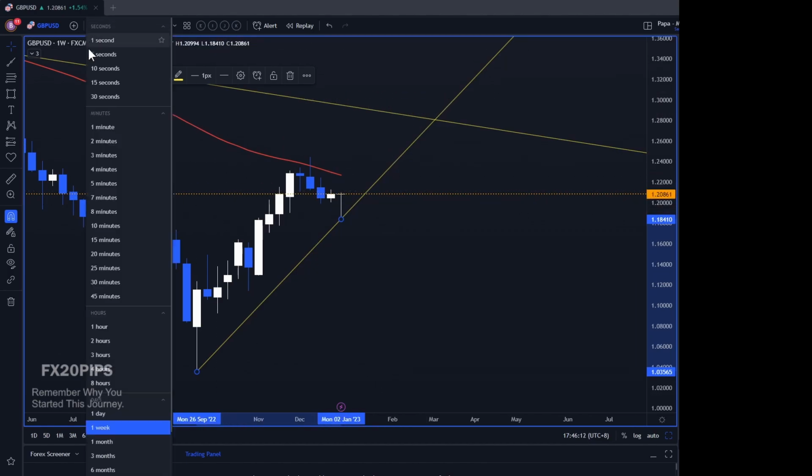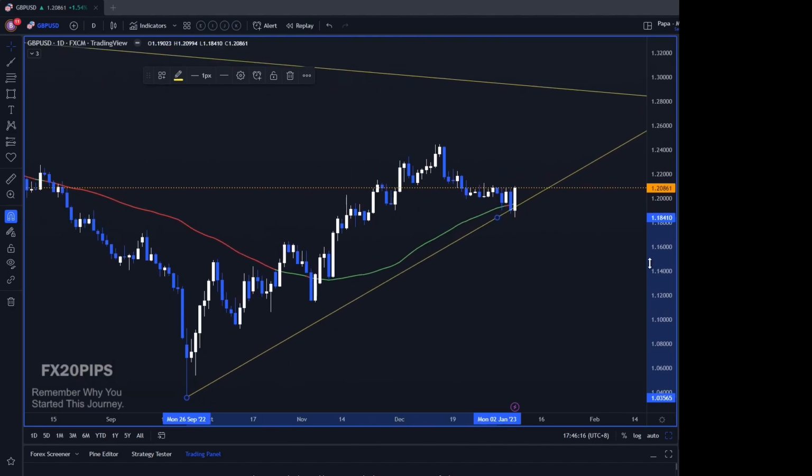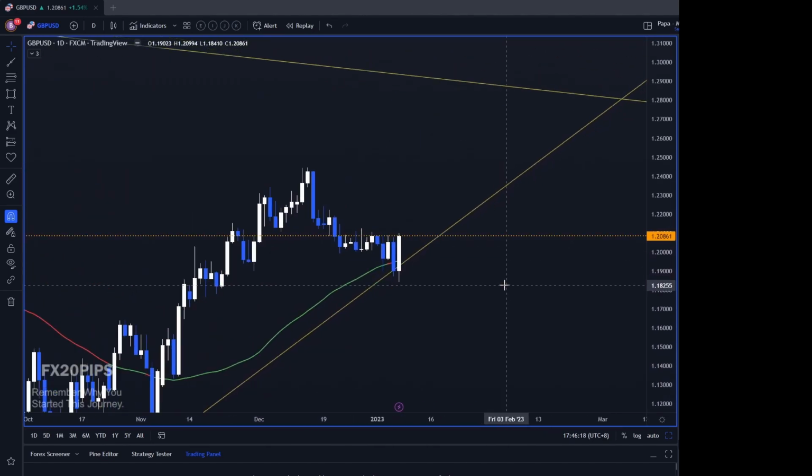Usually I then go to a daily chart. Look at this daily chart. Last Friday it started with a bearish candle, and then due to the news it shot up all the way. People call this an outside bar candle.